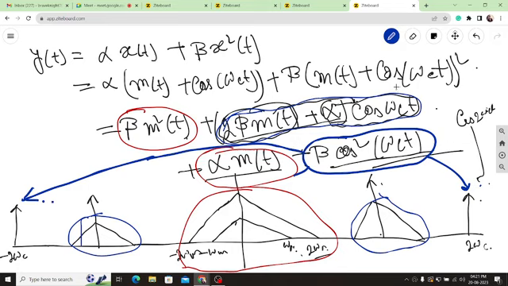So we must design a bandpass filter so that the signal centered around omega c, here and here, can be extracted and all the other terms should be removed.